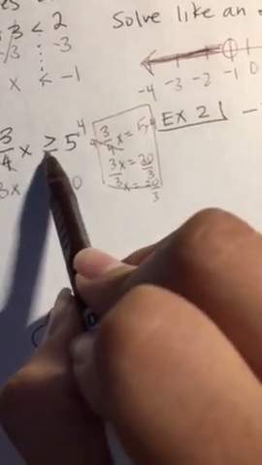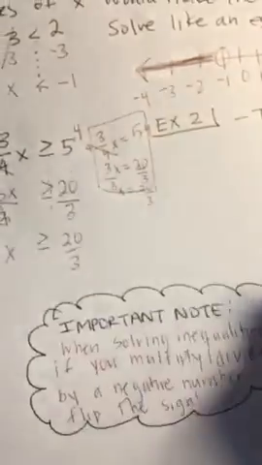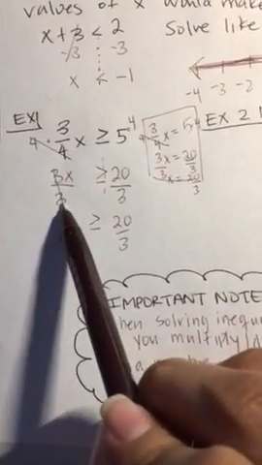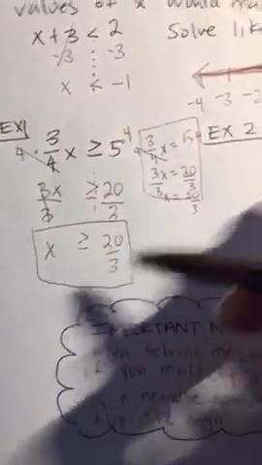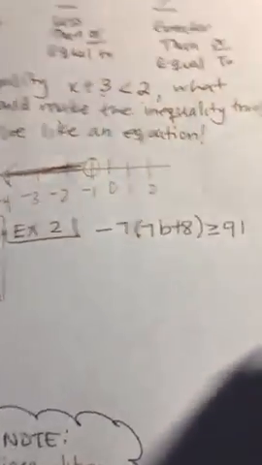So I'm not going to flip this sign; it stays the same. Here, I'm going to divide by 3, and I'm left with x is greater than or equal to 20 over 3. Again, I divided by a positive 3, so the sign stays the same. Your final answer would be anything that is greater than or equal to 20 over 3. And if you want to know exactly what that is, divide 20 by 3 and figure that out, okay?